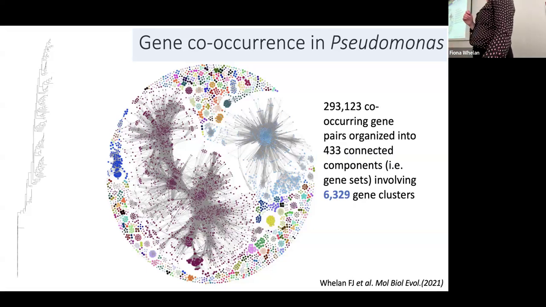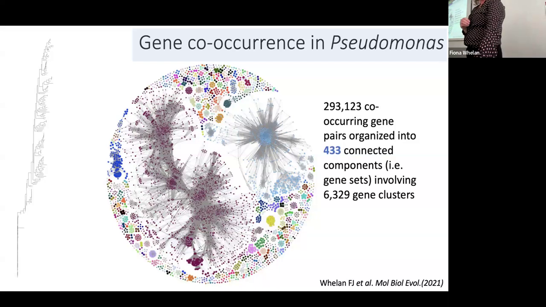And these are connected by just under 300,000 edges or links. And that means that we have just under 3,000 co-occurring gene relationships. And then we can orient these into connected components, which are the colors in the network. These are sets of genes where not necessarily every single gene co-occurs with each other, but there's this set of relationships within them to get these connected components.